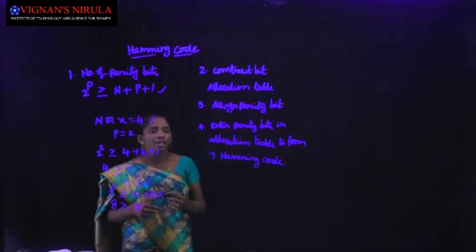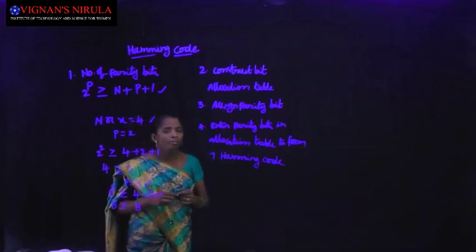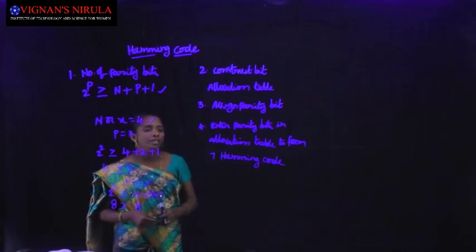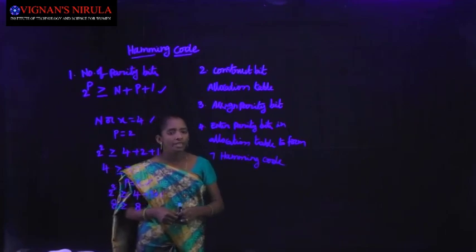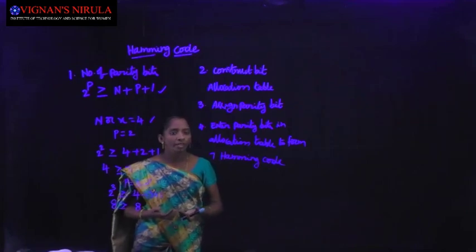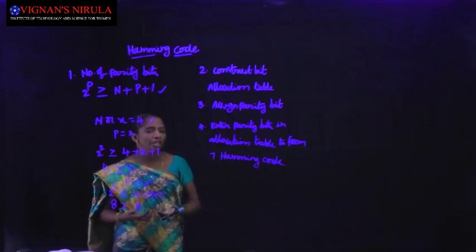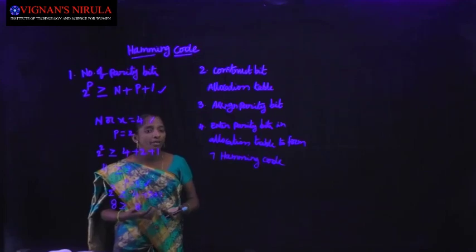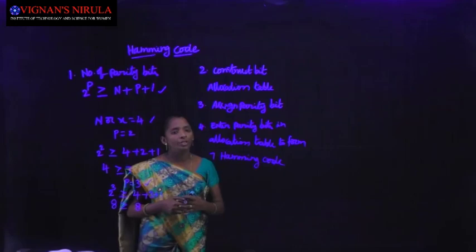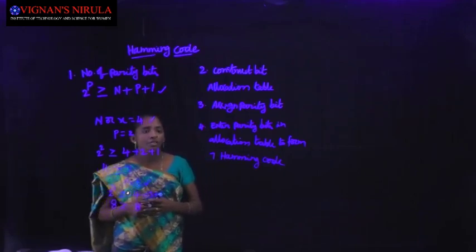In the bit allocation table we have the bit designation, that means B0, B1, B2, B3 like that, and the bit number 1, 2, 3 like that, and the bit location number, that means 001, 010 like that.